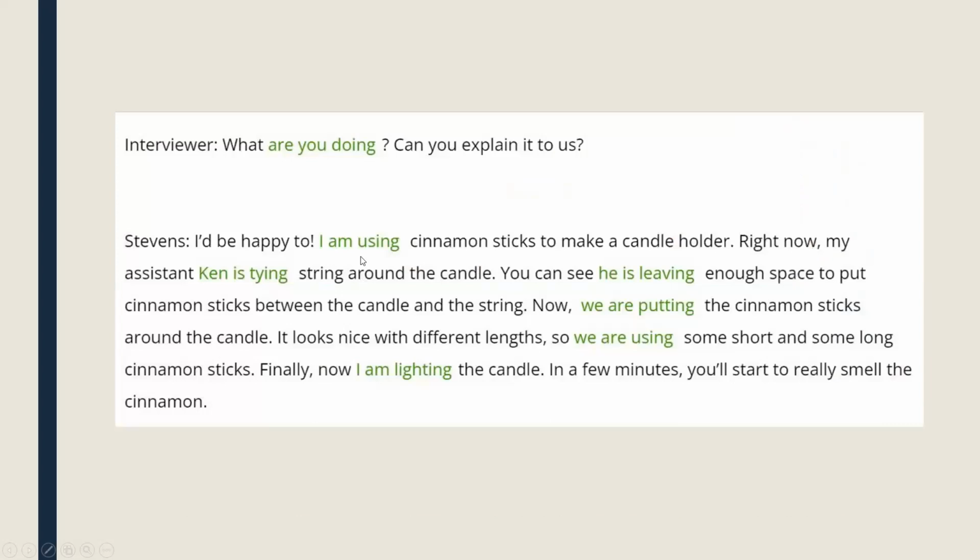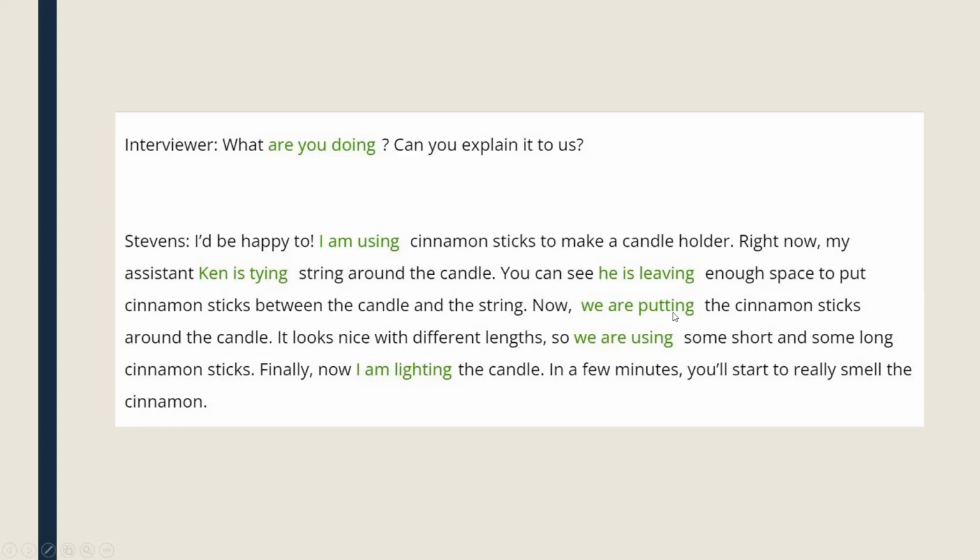So this is it. Look, he's saying, what are you doing? So can you explain? He says, I'd be happy to. I'm using cinnamon sticks to make a candle holder. Right now, my assistant Ken is tying string around the candle. You can see he is leaving enough space to put cinnamon sticks between the candle and the string.